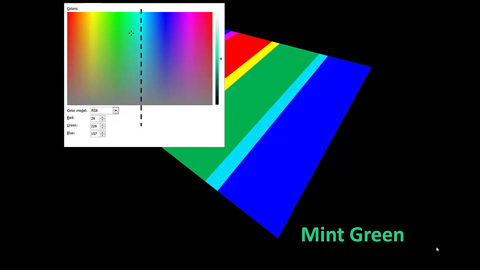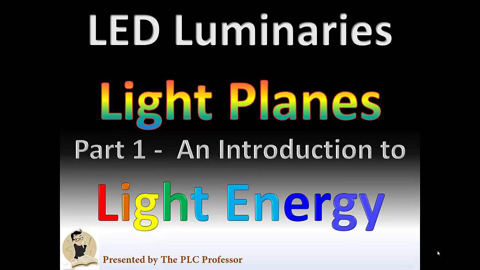If you want to get really technical, you could subtract 29 from all three values, and what you would have left would be just green and blue. And that is actually what you want as far as the color goes, not the intensity. But this is just to give you an idea of when you mix the colors together, where they fit on this chart, and what those values mean down there for you trying to adjust your luminaire to get the color that you want. We're going to stop here.